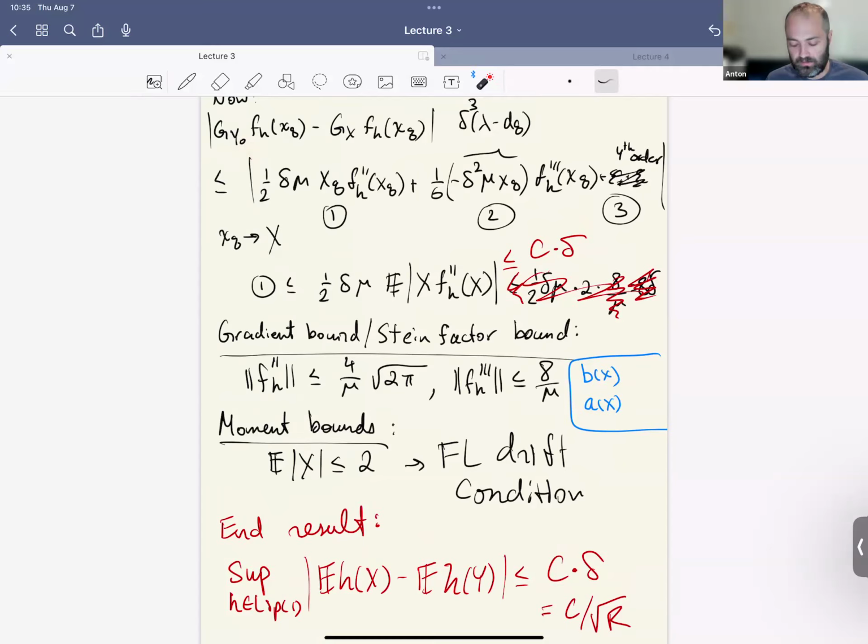Now, Stein factors, or the derivative bounds for the normal approximation, have been known since the 1970s. Basically, because the normal random variable is a very popular choice of approximating distribution, everybody needs these bounds.